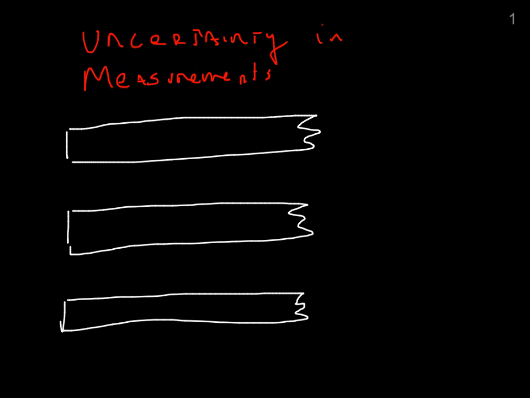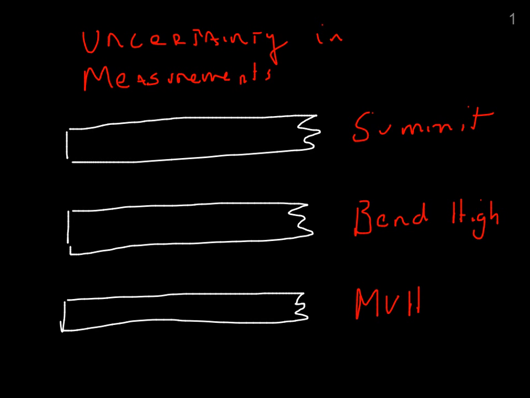And the first ruler is the ruler that we use at Summit. Second ruler is what they use over at Bend High. And the third ruler is what they use at Mountain View. Now the ruler that we use here at Summit is going to have a mark there for 1 centimeter, and it's going to have another mark right there for 2 centimeters.